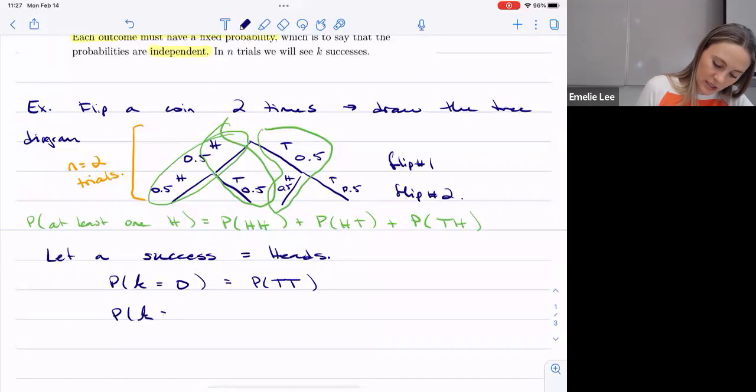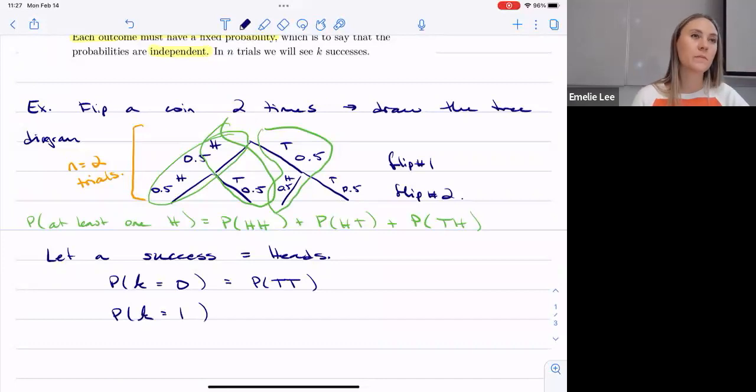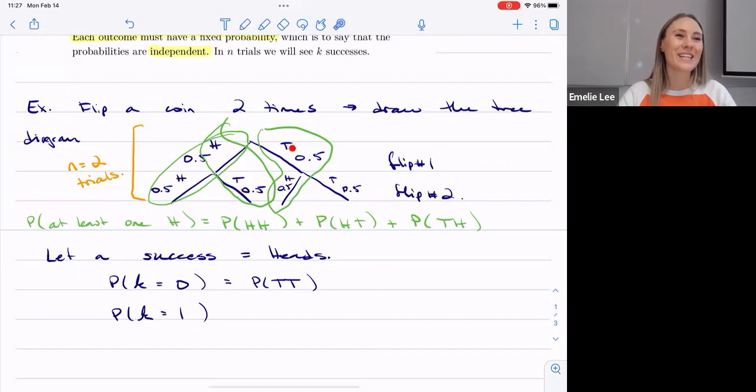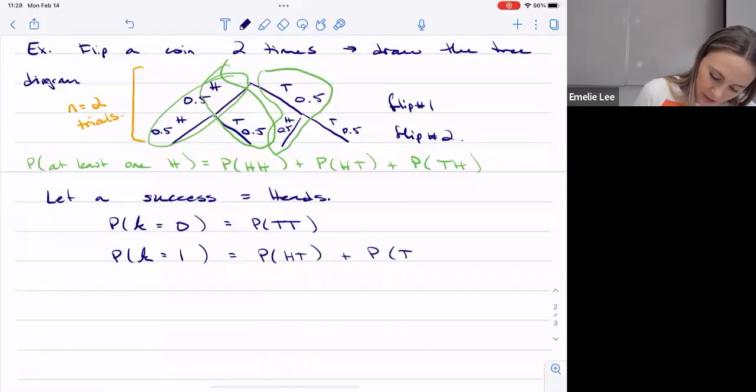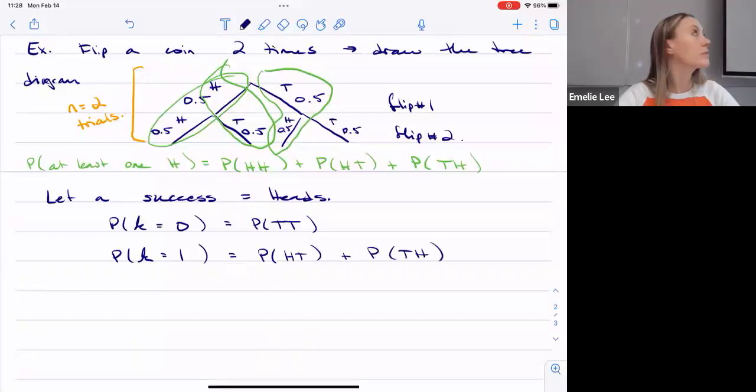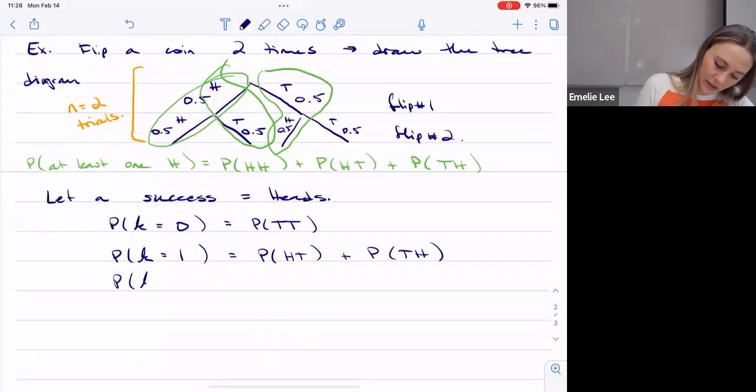What if I'm interested in 1 success? So exactly 1 success. There's 2 ways that that can happen, right? Either I flip a head and then a tail, or a tail and then a head, which means that this probability is going to be the probability of head, tail, plus the probability of tail, head. And then the probability that k equals 2 is the probability of head, head.